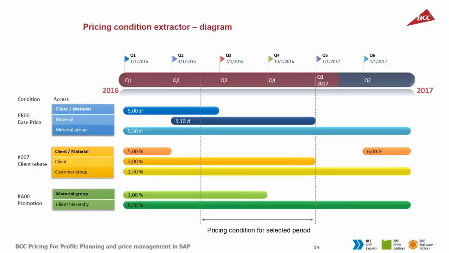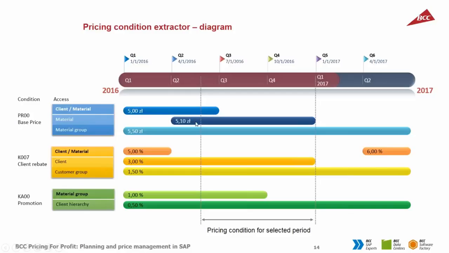I'd like to briefly go back to the slide. And so the result of the report is what you see here on the screen, all these lines. One such line reflects one record from the ALV list seen on the previous slide, which is from the first quarter to the end of the second quarter for a given customer, and a given material has the value of 5 zlotys.